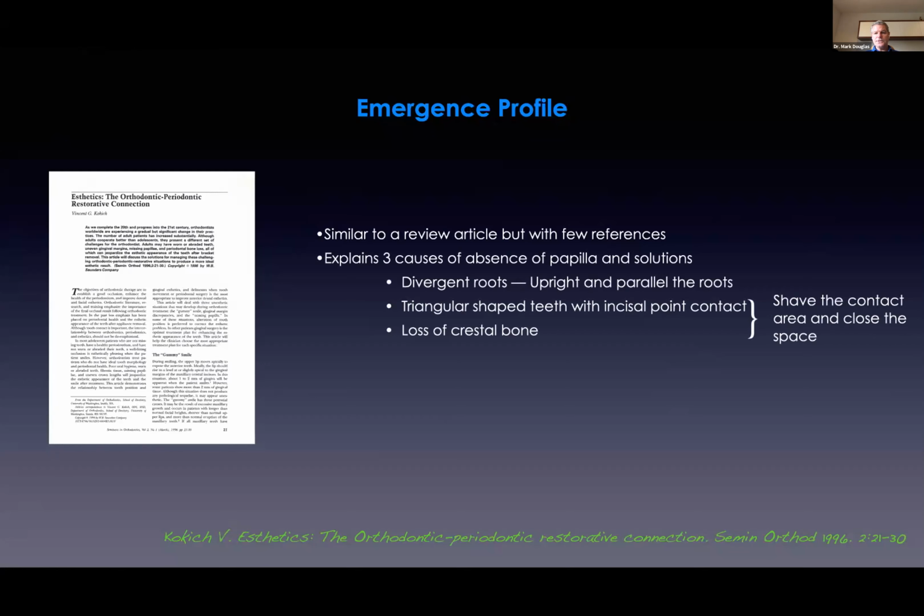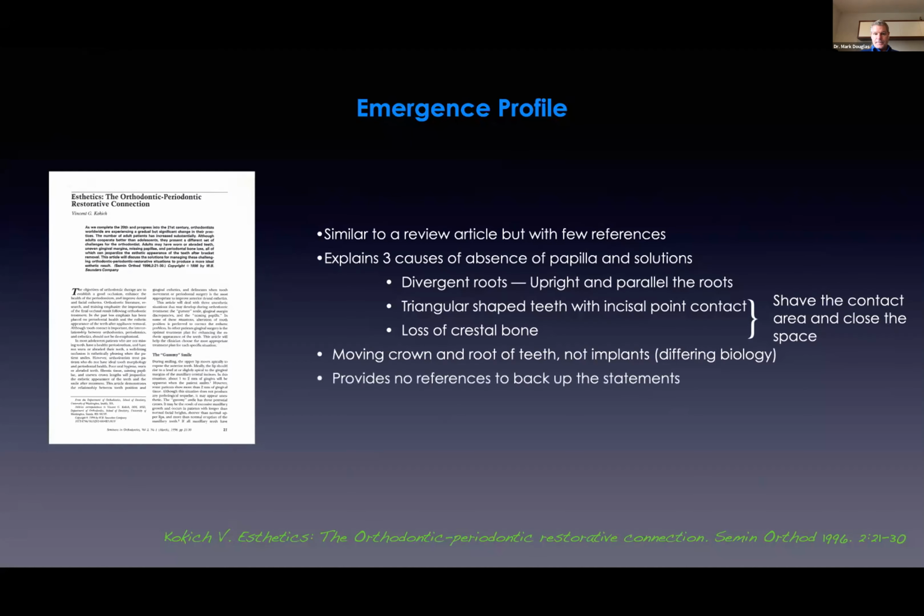So with the last 2, the solution is to shave the contact area and orthodontically pull the teeth closer together to close the space. Now that was done with moving natural tooth and crowns of teeth. It wasn't done with implants, so it's different biology and you can't move an implant. And he provides no references to back up the statements, but it just works. I've done it, and we showed that in the first case that I did.